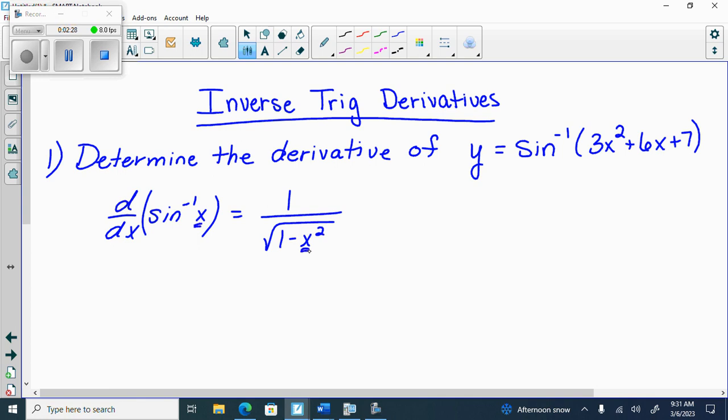If there's something more complex than just an x, that has to go there. So we get y prime equals 1 over the square root of 1 minus, and x just happens to be 3x squared plus 6x plus 7, squared.